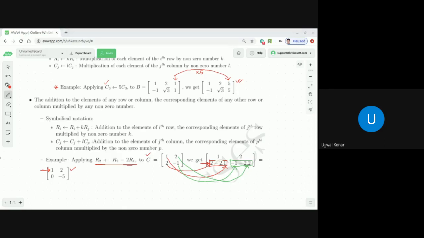Now, as I said, dear students, in the beginning of the discussion, why are these elementary operations important? Elementary operations are important immediately to find the inverse of a matrix. Hence, we should start understanding what is meant by the inverse of a matrix.